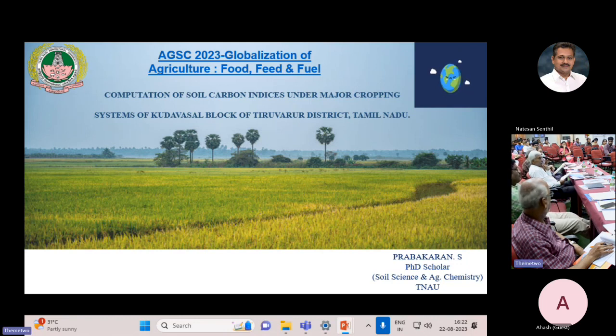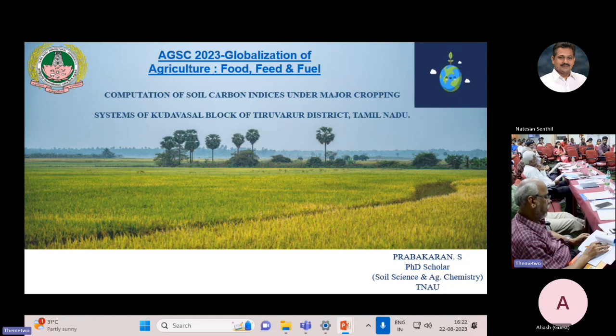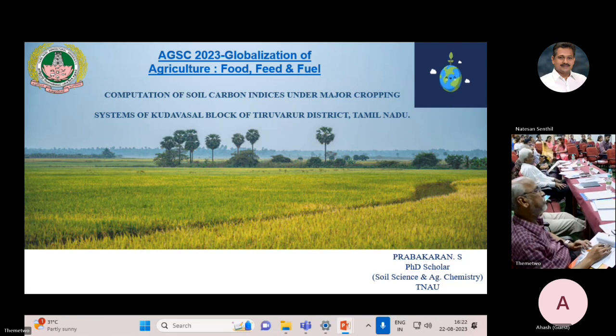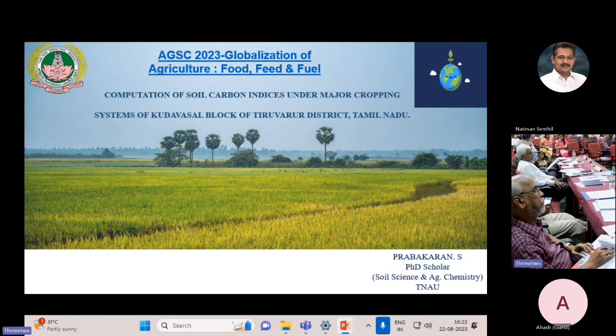In the Kaveri Delta zone, rice is normally grown, but there are methane emission issues. How is your carbon sequestration going to address the methane emission? Actually, methane is an inorganic form.